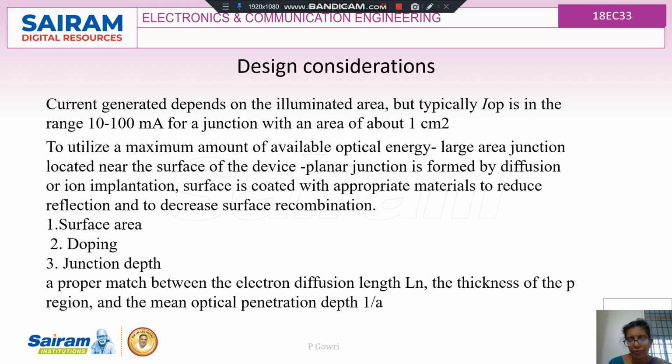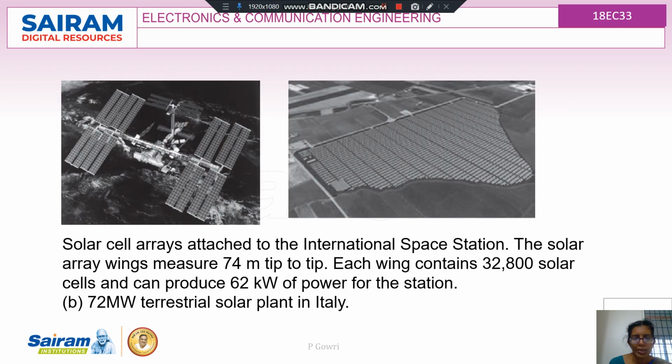It is how much length the optical energy, or the light, or the photons are able to penetrate into the device, called 1 by A. That should be comparable, and it should be more than the electron diffusion length Ln, so that more of the optical energy falling on the device is converted to EHPs. And the thickness of the P region also plays a very important role in the device fabrication.